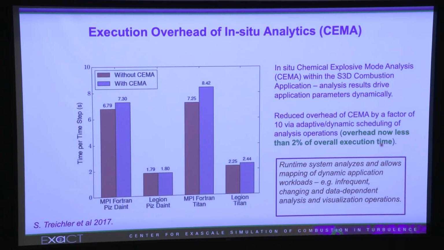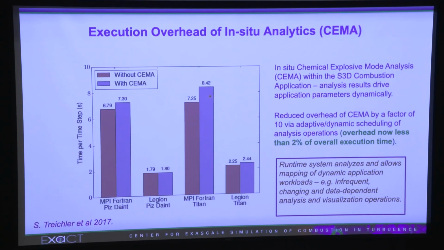And so when we compared the execution overhead of the in situ analytics, we tested two different machines, Piz Daint at ETH in Zurich at that time, and Titan at OLCF, Oak Ridge National Labs. Without the analytics, CEMA is shown in red, and with this, the eigenanalysis is shown in blue.